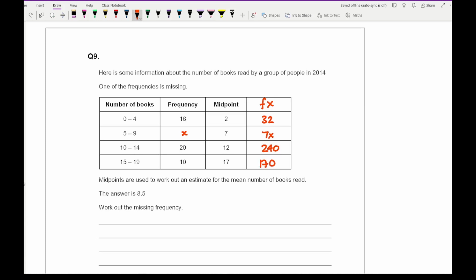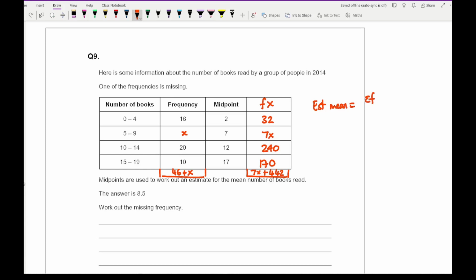So then to work out the estimated mean, it's the total of fx divided by the total frequency. So here what I've got is 46 plus x. And here, if I add up all of those numbers, I'm going to end up with 7x plus 442.